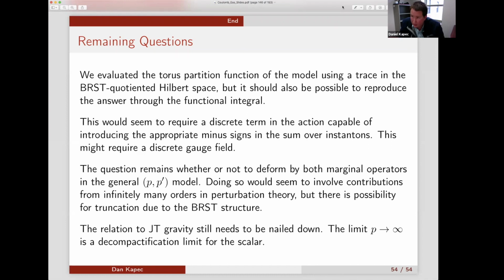And I don't think there's a term that you can write down with the ingredients that I've included so far. So it might be that there needs to be some discrete gauge field or some other kind of discrete ingredient which is important on higher genus surfaces, but which you sort of are blind to on the sphere. Okay, so I'll end there, and then maybe we can discuss if people have questions.